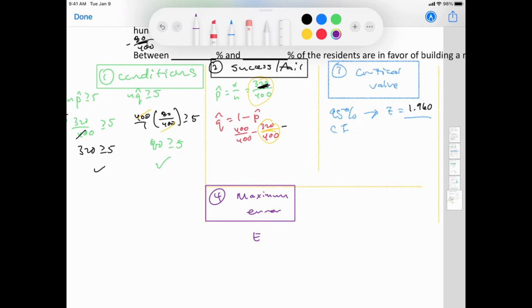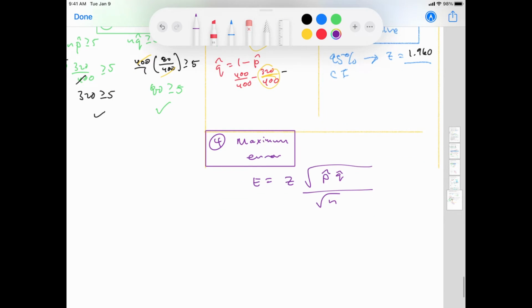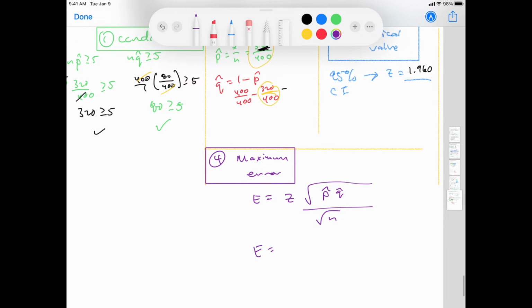E equals z times the square root of p hat q hat over n. Z is from up here, so that would be 1.960.